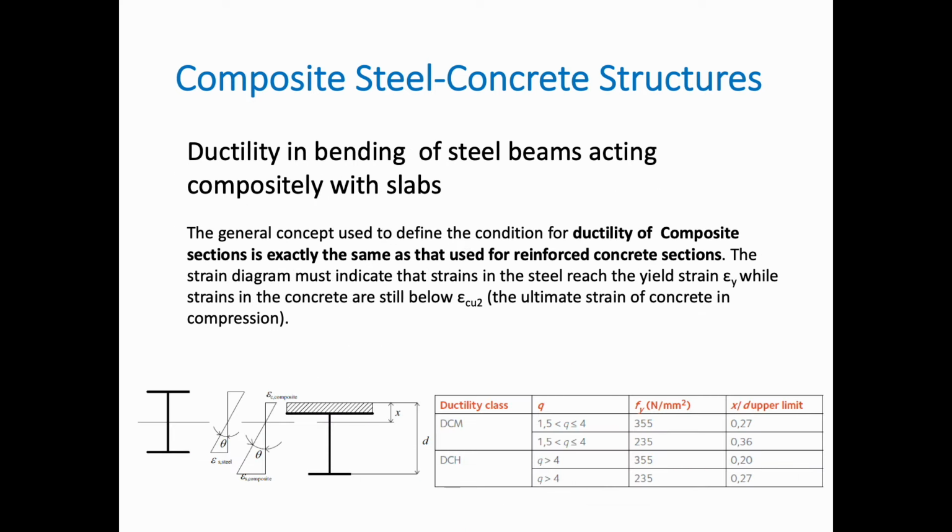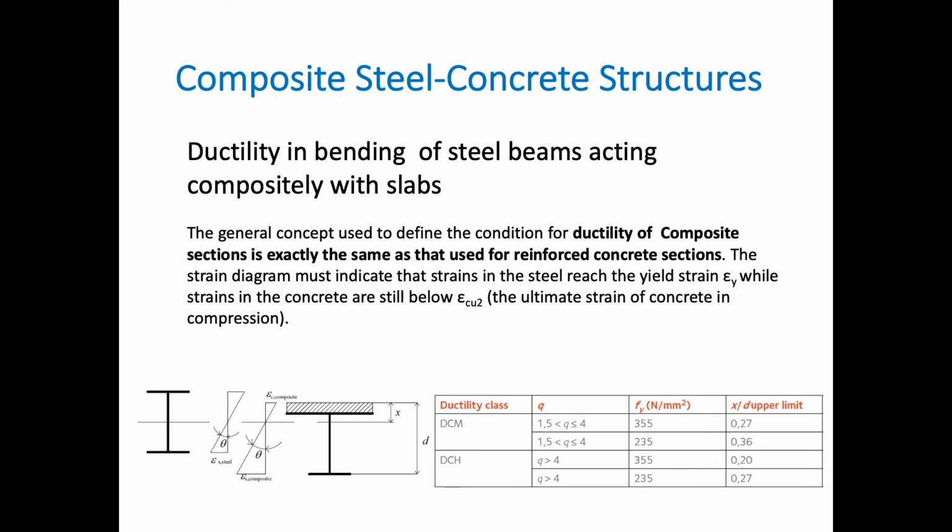Moving on, we are looking at the ductility in bending of steel beams acting compositely with slabs. The general concept used to define the condition for ductility of composite sections is exactly the same as that used for reinforced concrete sections. The strain diagram must indicate that strains in the steel reach the yield strain epsilon y, while strains in the concrete are still below epsilon cu2, the ultimate strain of concrete in compression.